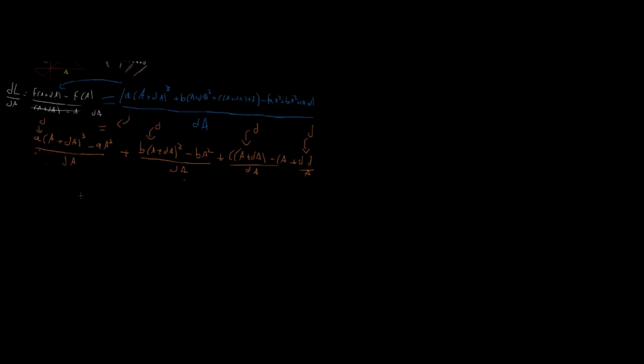Okay guys, let's dive right into it. You see this part where I'm pointing right here, this is a binomial expansion. So if we were to expand the whole thing out, it would look as follows: A cubed, plus 3 A squared dA, plus 3 A dA squared, plus dA cubed, minus A cubed.